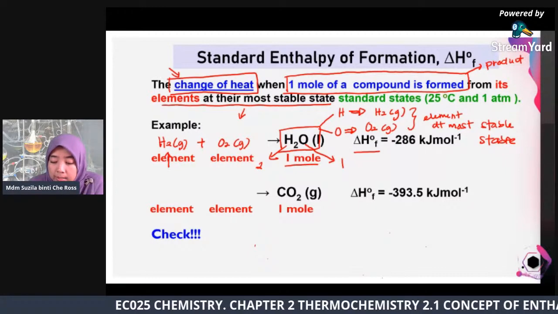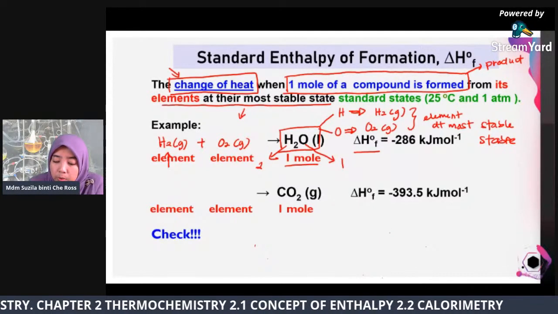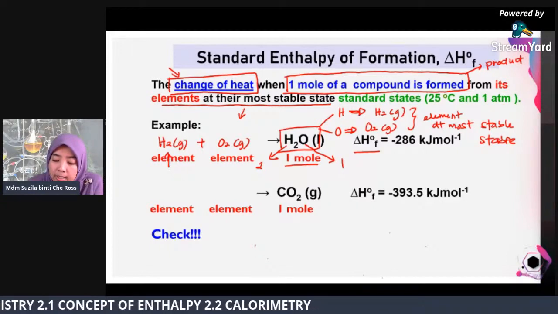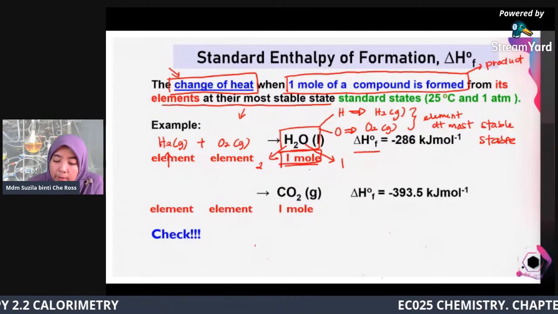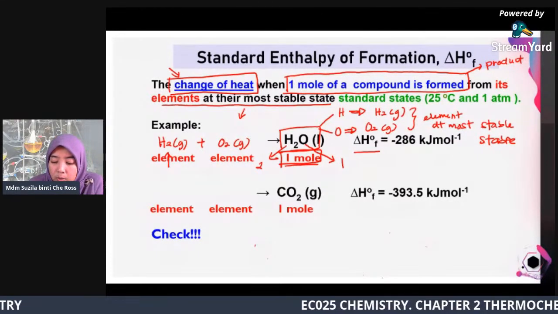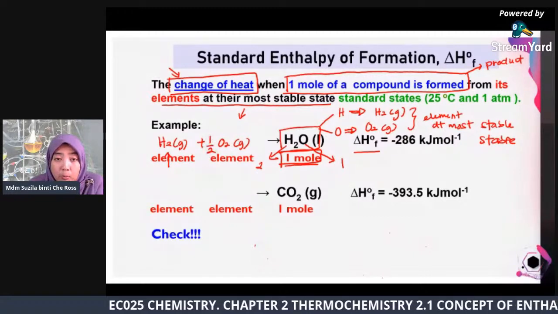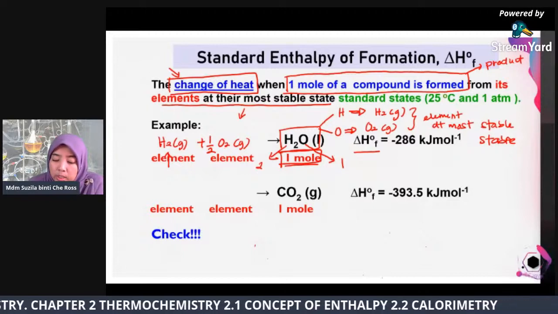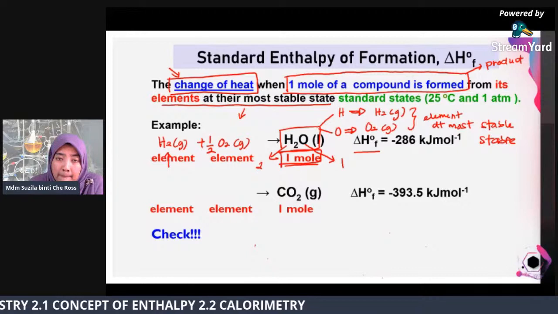We need to balance oxygen, but we must make sure the H2O here is 1 mole. So how to maintain H2O here become 1 mole? We just need to add 1/2 in front of oxygen. So 1/2 times 2, we will get 1. Okay, so this is the equation for enthalpy formation of water.